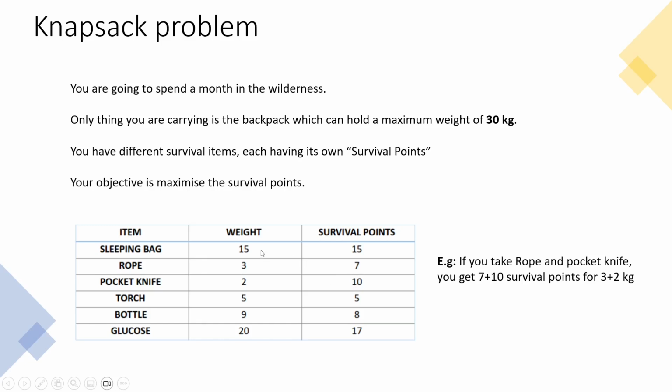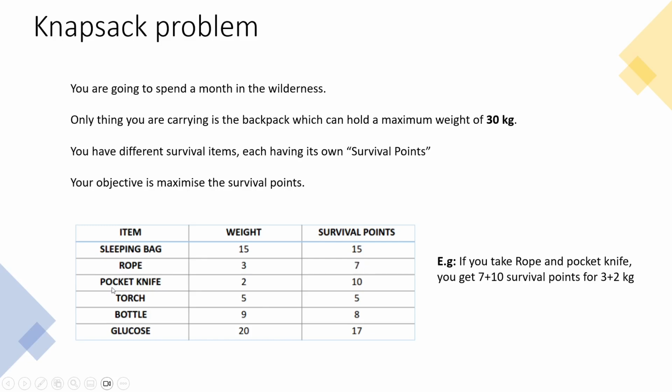For example, this item has a high survival point. It's 15, but its weight is 15 as well. So if you take this sleeping bag, you can carry only 15 kilograms more, because it's occupying half of your allowed weight, which is 30 kilograms. But if you take a rope with you, it's 3 kilograms and its survival point is 7.